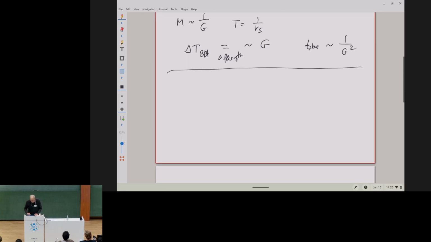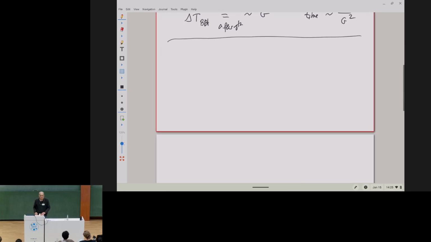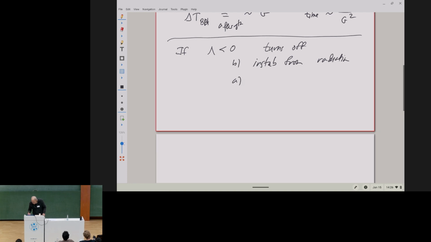Now, there's another answer in principle, which actually we will come to eventually. I'm not sure if we will do so tomorrow or Friday, which is that if the cosmological constant is negative, that turns off the instability involving the radiation, the one that I called B, and also the one from the black hole if m is sufficiently big.